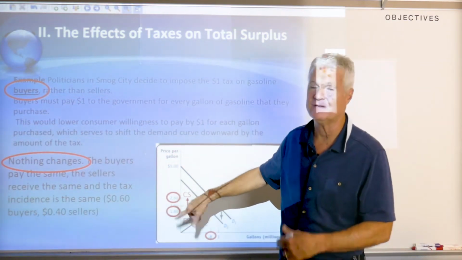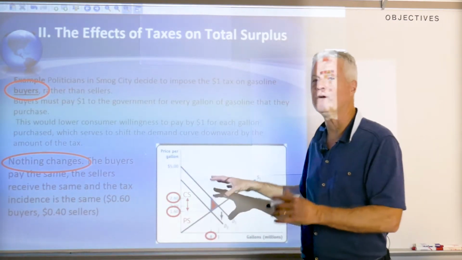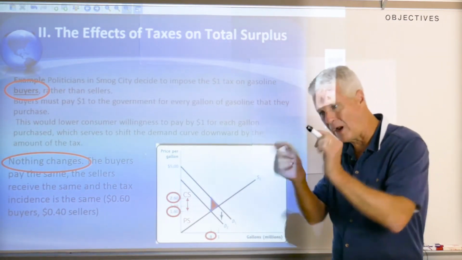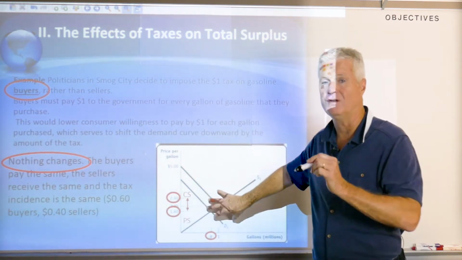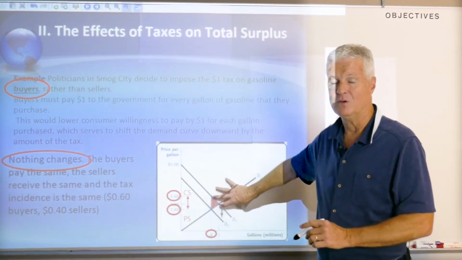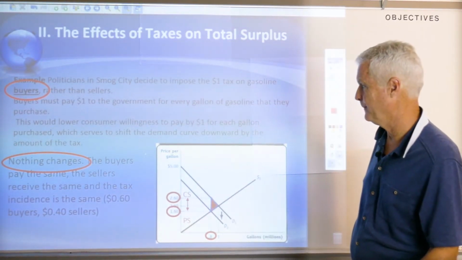Buyers still pay 60 cents, sellers pay 40 cents. So whether the buyer or the seller actually writes the check for the tax doesn't affect who really gets charged the tax. So you end up with the exact same situation. So don't let that confuse you.